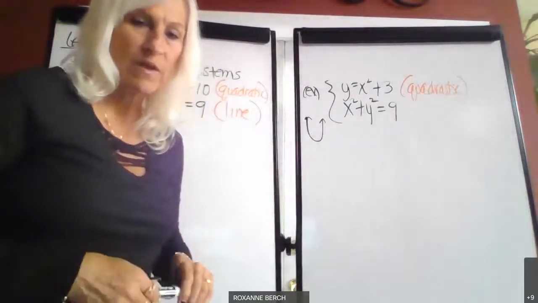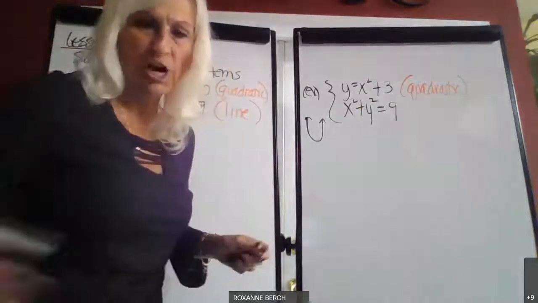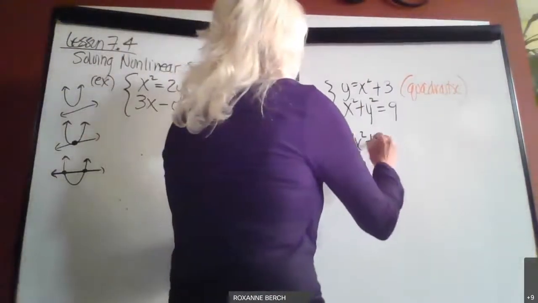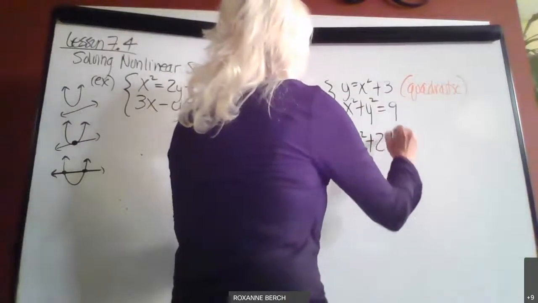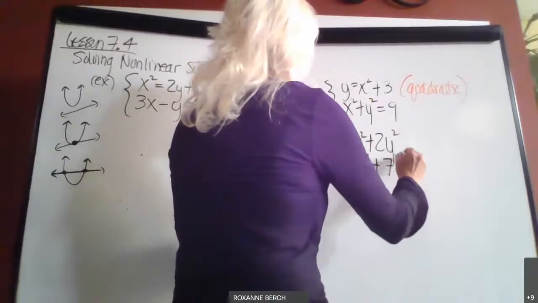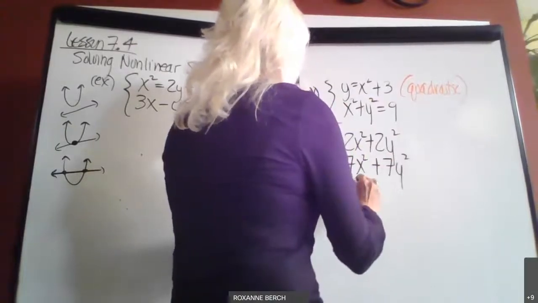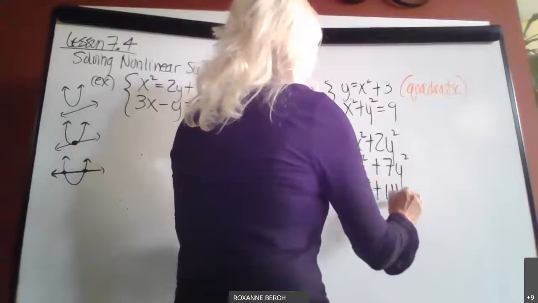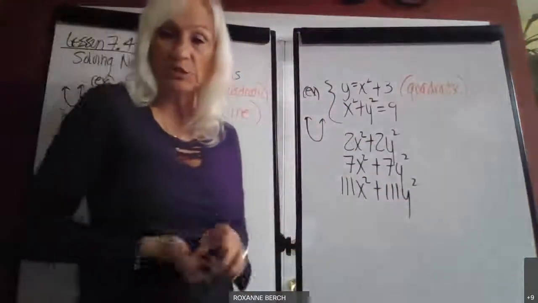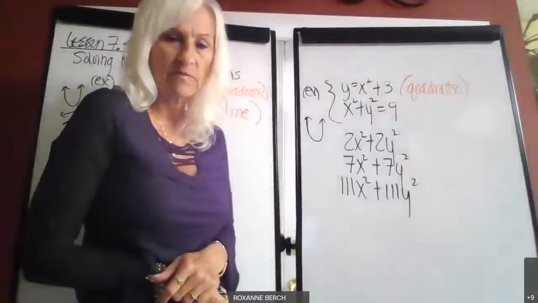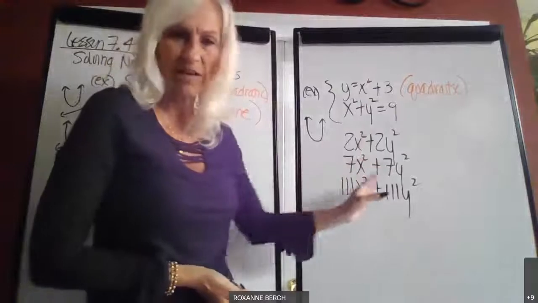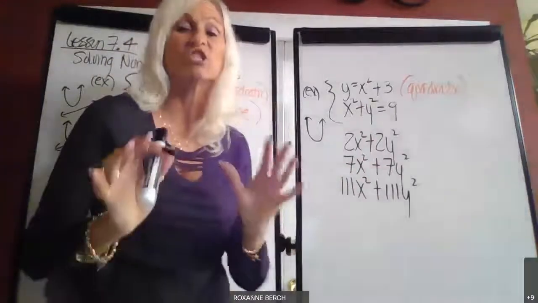I'm going to throw some geometry in here. When you have two squares and they look perfect like that, the same coefficients, it's a circle.